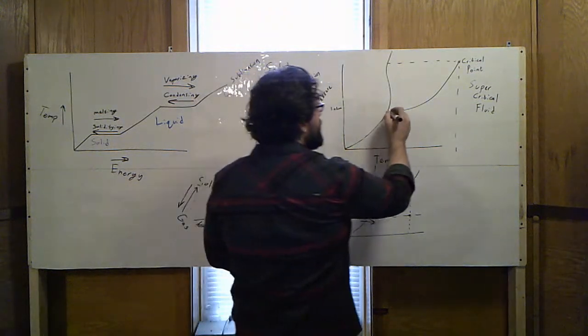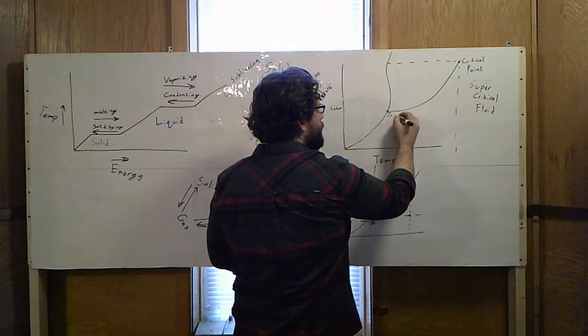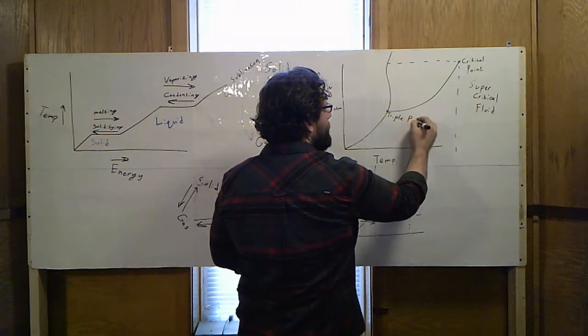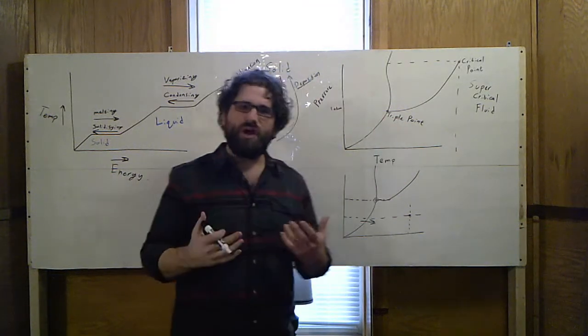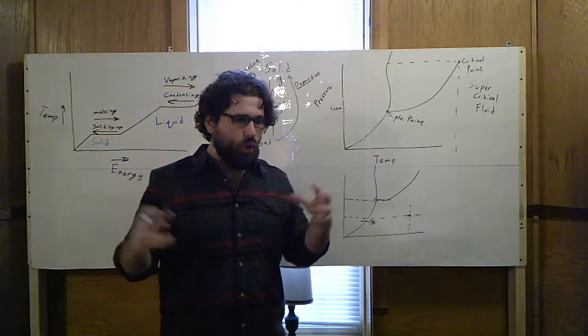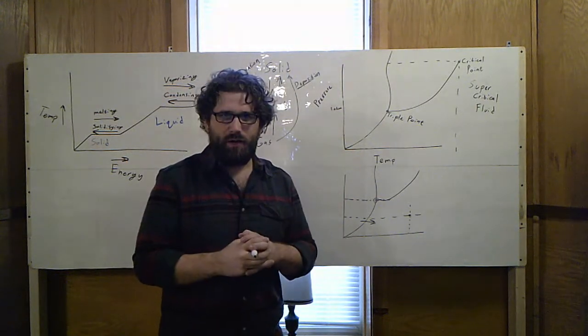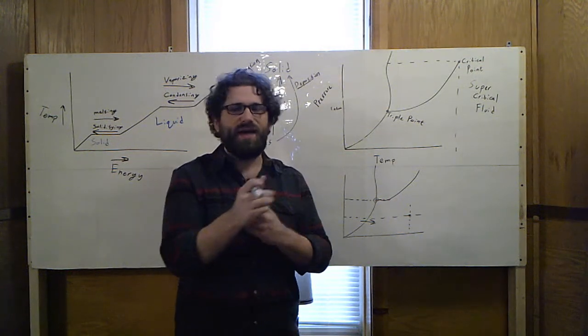The other point that we want to keep an eye on is this one right here. And this is called the triple point. The triple point is a temperature and a pressure where all three phases of a substance can coexist in perfect harmony, where solids are not trying to transition into liquids or gases. Gases are staying gases.